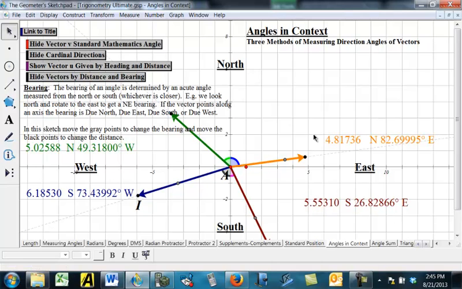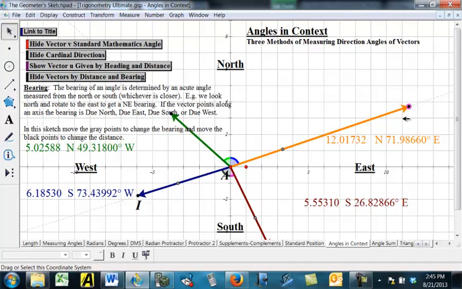So we can locate a point here by giving a distance and bearing. We first get the bearing, north 72 degrees east, and then we could go out a certain distance, maybe basically 12 units out here.